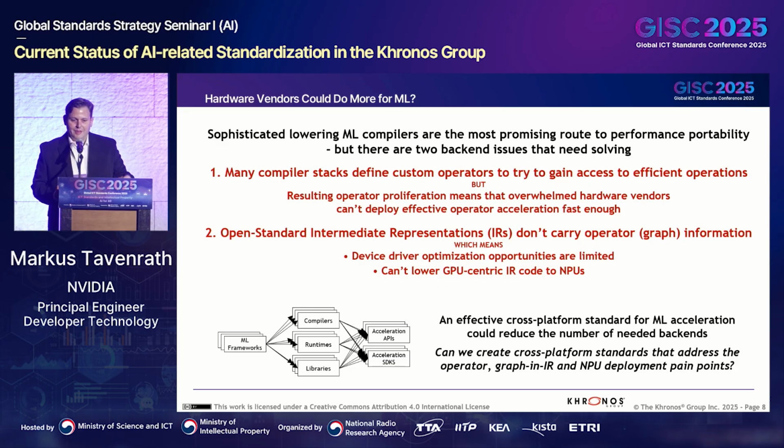So the amount of device driver optimization is limited to a single kernel only. There's no global graph optimization available. And as soon as the graph has been lowered to compute, it cannot be applied to NPUs anymore, because NPUs most likely have a way more limited programming model or even fixed hardware.